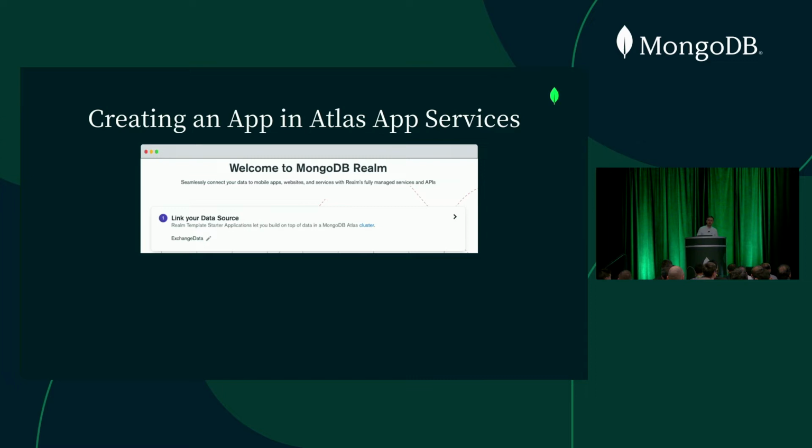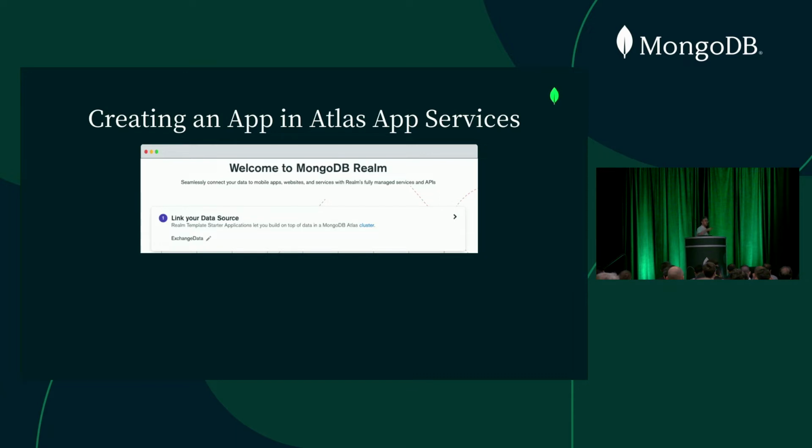So how can you create an application in Atlas App Services? You use your MongoDB Cloud account, cloud.mongodb.com. You specify the data source you would like to connect your application to. It could be a MongoDB Atlas cluster, MongoDB Atlas Data Lake, or a serverless database as well.